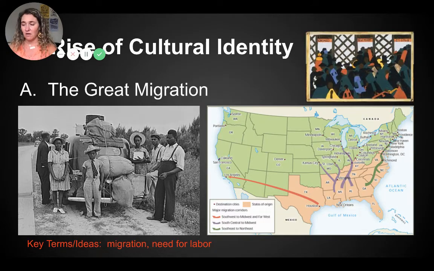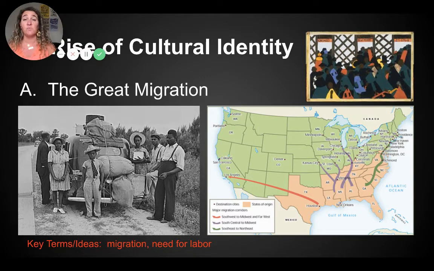All right, so during the Harlem Renaissance, we see this rise of cultural identity. Now, this happens for a couple of reasons, but the first one is the Great Migration. So the Great Migration is movement of people. There was a massive migration north between 1914 and 1920. This was primarily Black people leaving the South in search of economic opportunities.